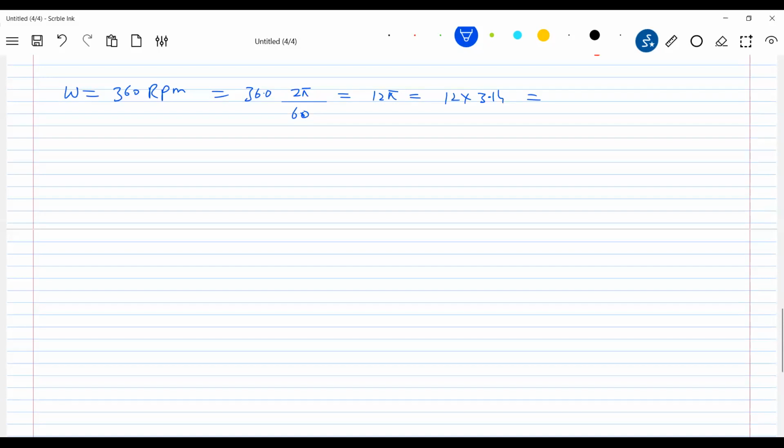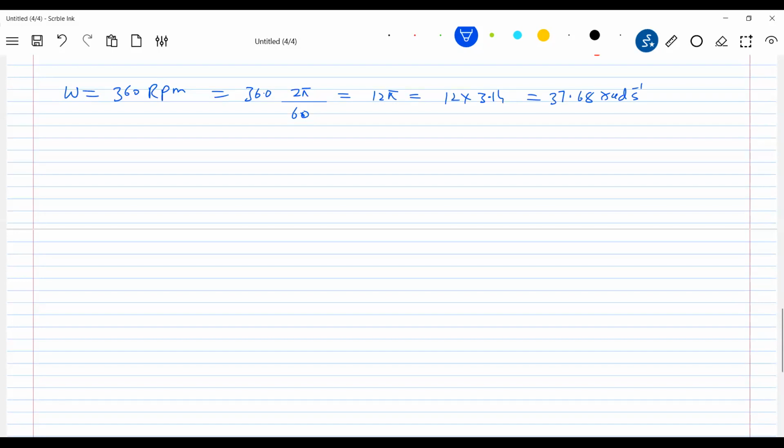12 into pi gives 37.68 radians per second.